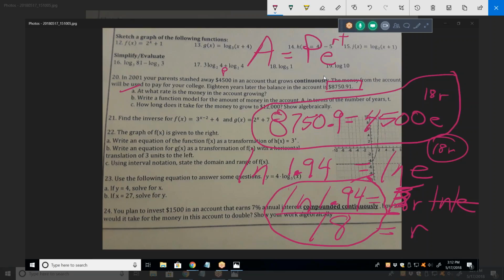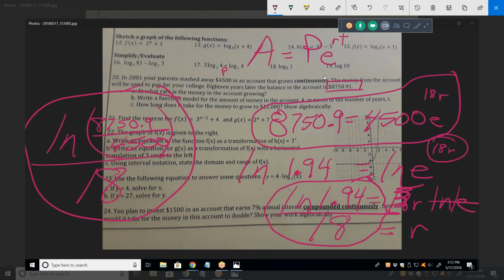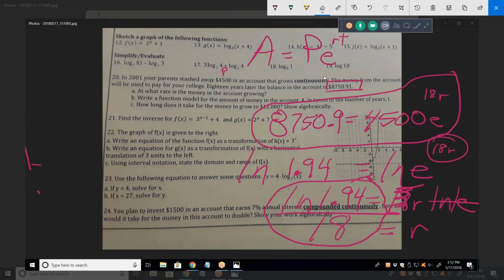More specifically, if you wanted the exact answer, this is what it would be. That is not rounded off. That's what R is. But for our purposes, go ahead and turn that into a number so we can continue. It's too hard to work with those exact answers.